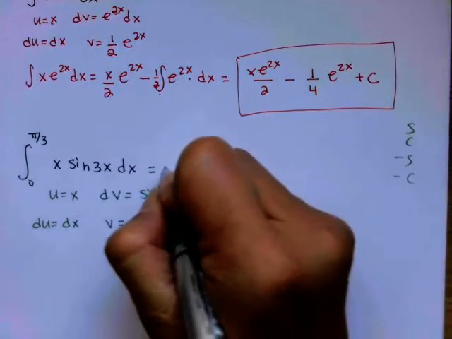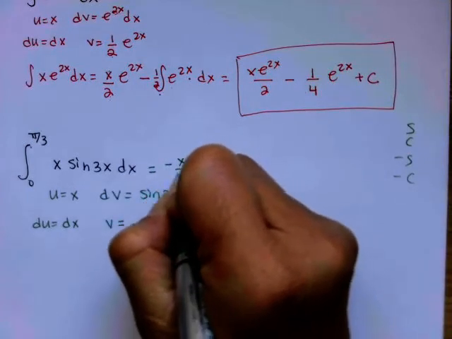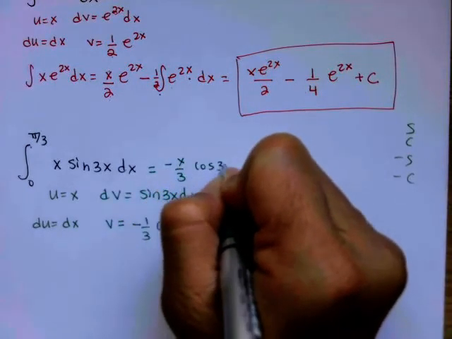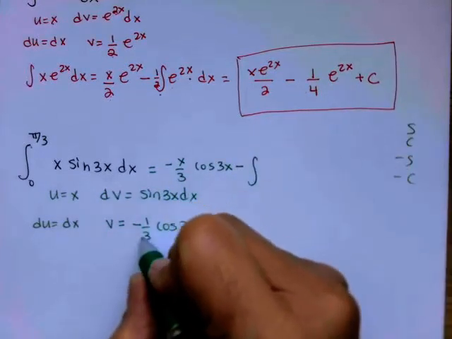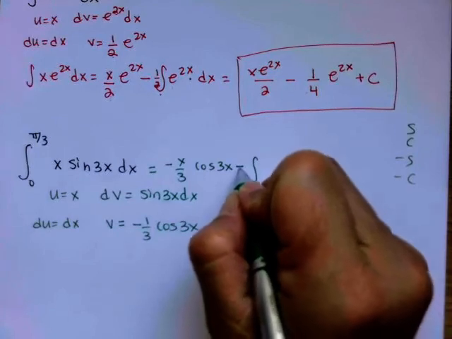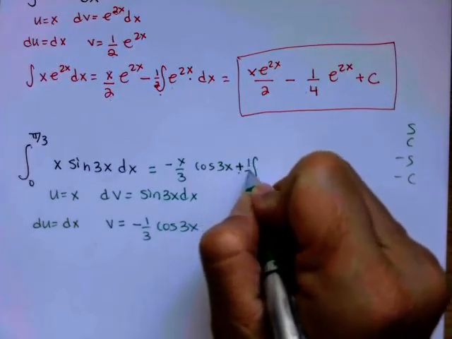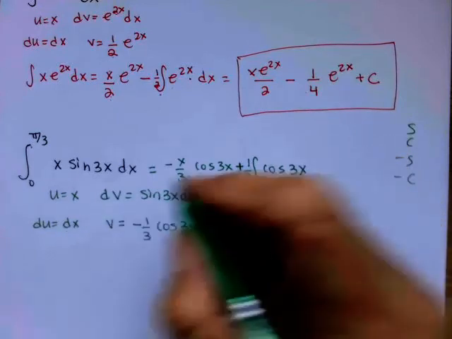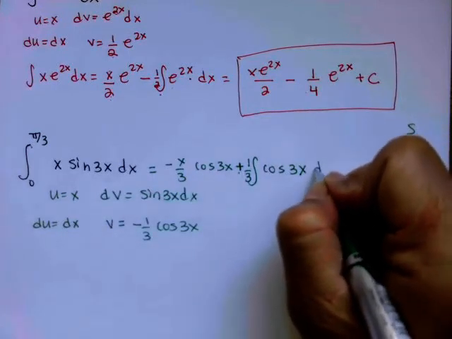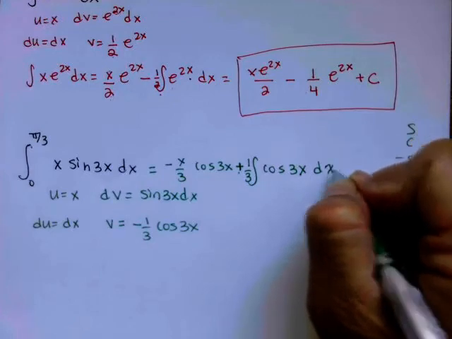So uv, so negative x thirds cosine 3x minus the integral of v. So v was negative, so I'll use that to get rid of that negative. So plus 1/3 cosine 3x v du, and du is dx.